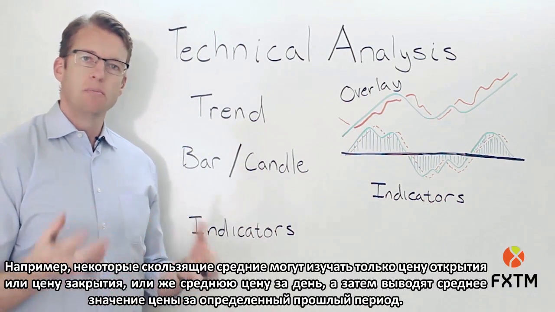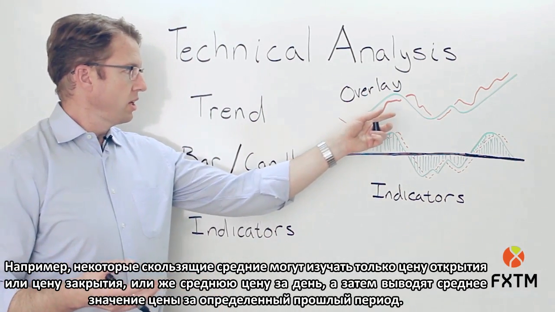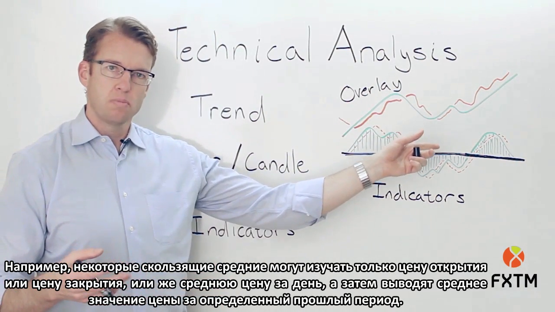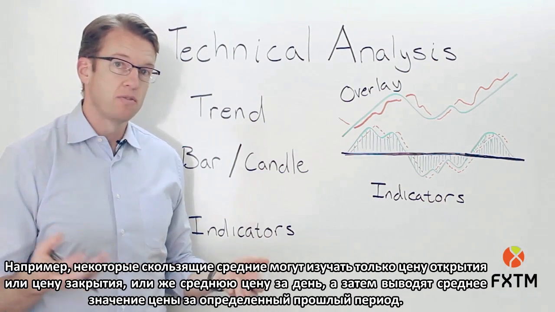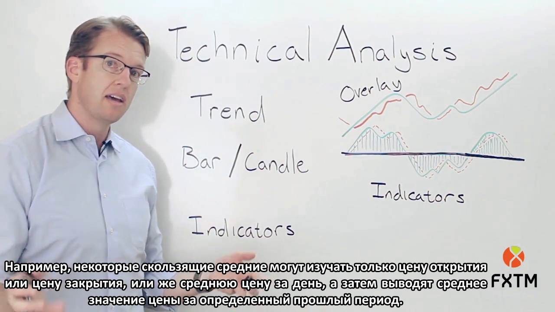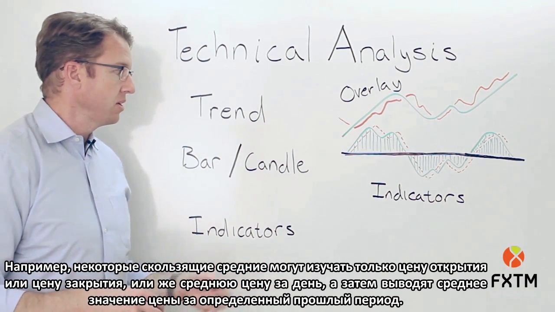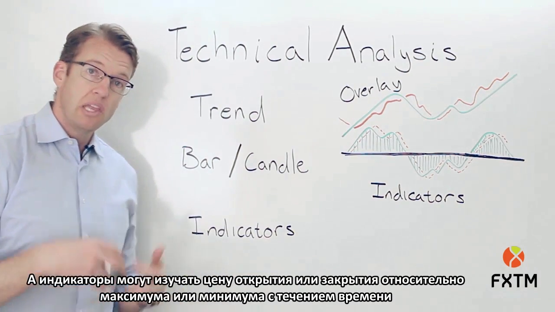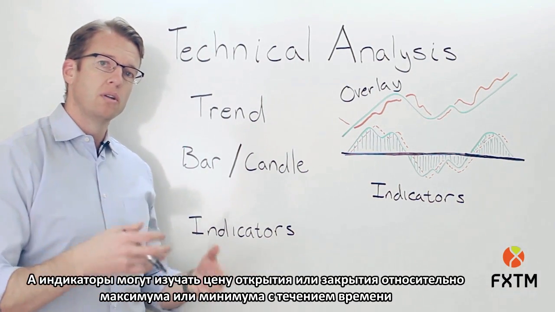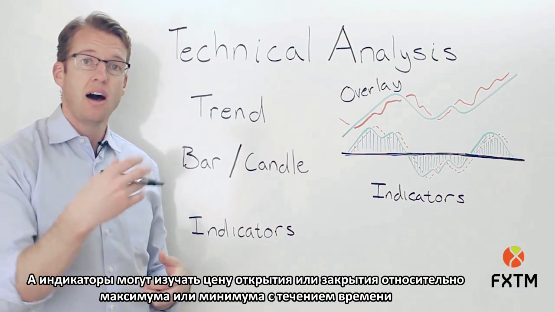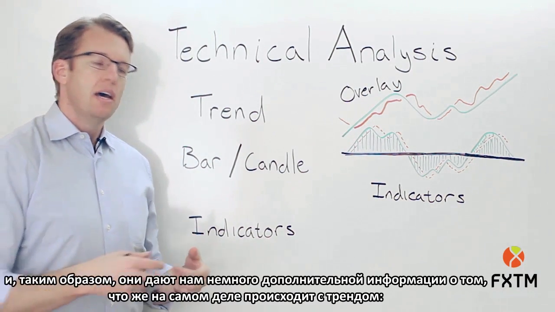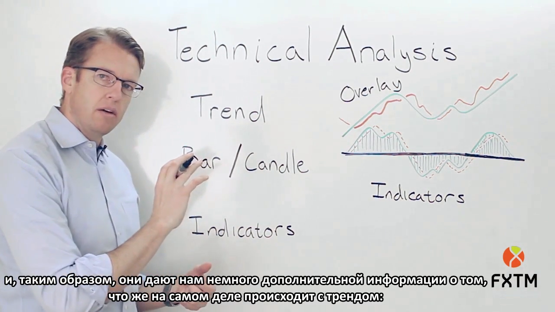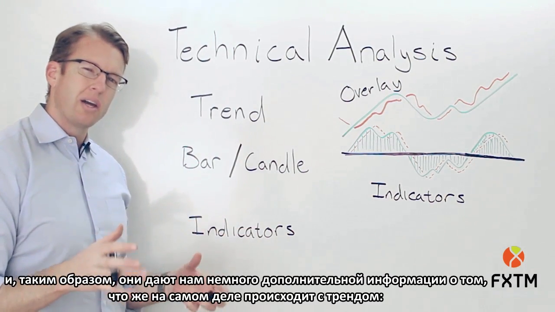For example, some moving averages may only look at the open price or the close price, or maybe an average of the open, high, low, and close for the day, and then average that over a look back period. While indicators may look at the relationship between the open or the close price relative to the high or the low over time.